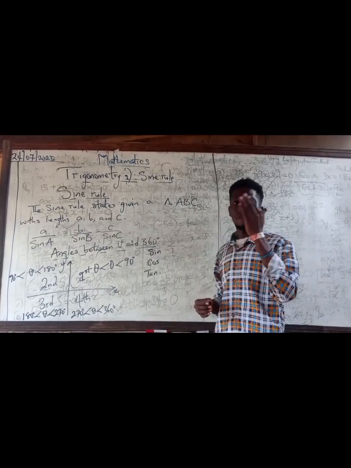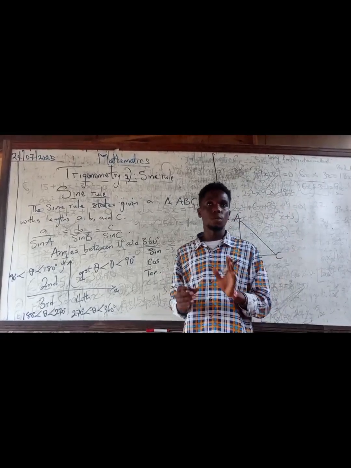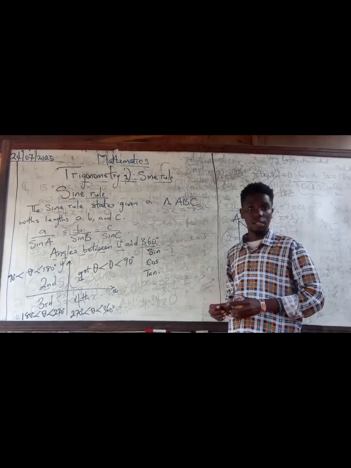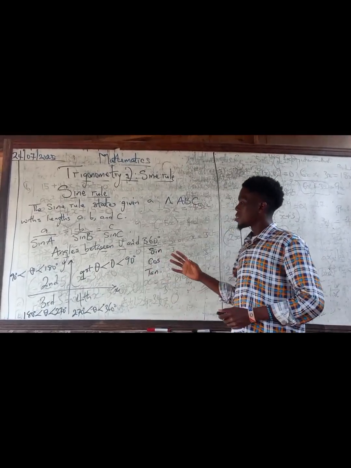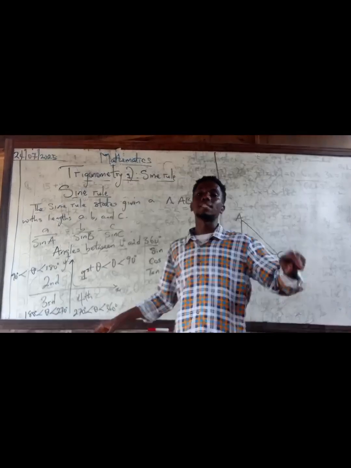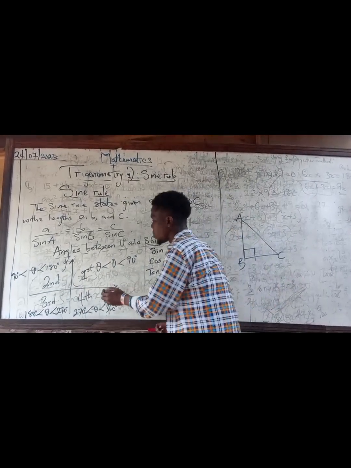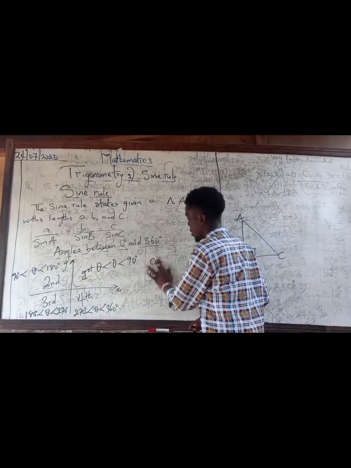We still have 3 more: cosecant, secant, and cotangent, but for this course we're just going to look at these 3. Now, all trigonometric ratios in the first quadrant are positive. Please, let me put that down.